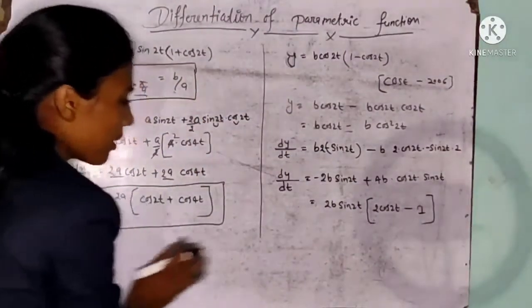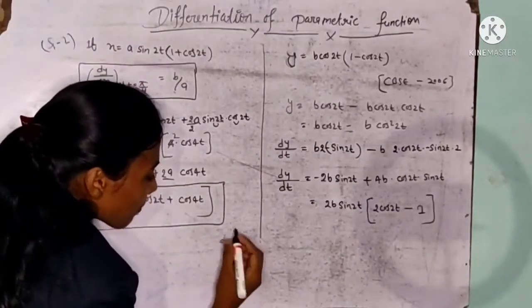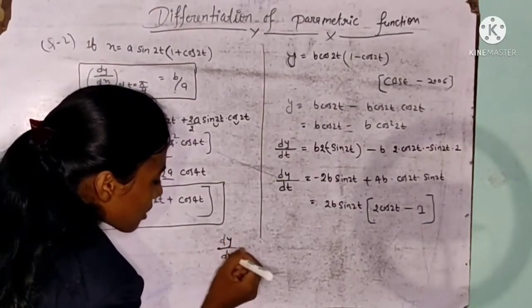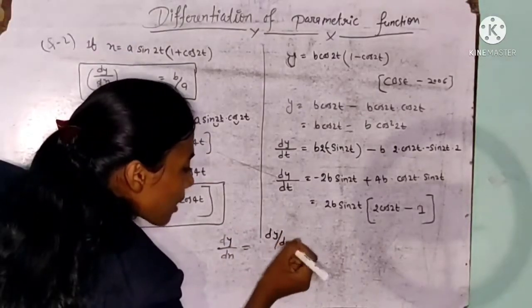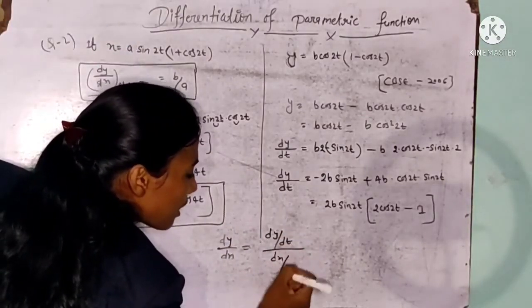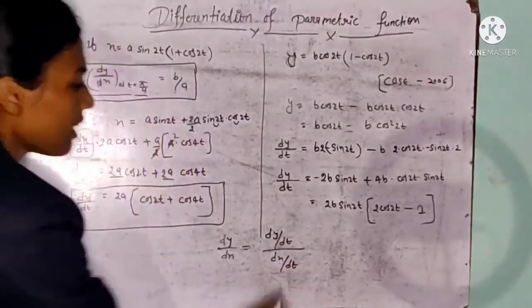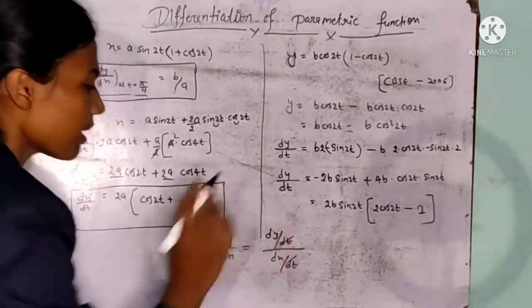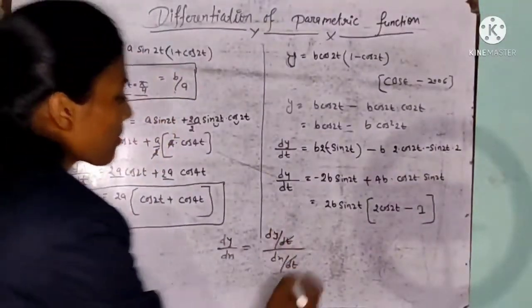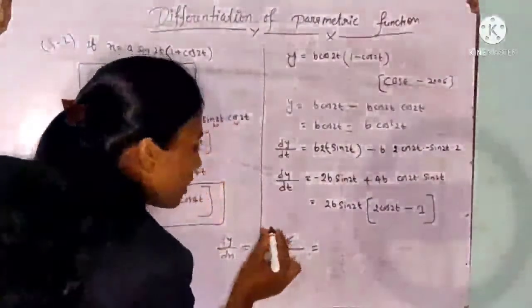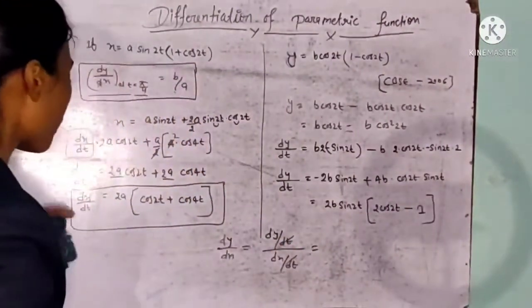Now what happened? We need to find dy by dx. So again the same approach we apply here. We can write this function dy upon dt divided by dx upon dt. dt gets cancelled, and finally we get dy by dx. Now we arrange these functions, substituting dy by dt. What is dy by dt?